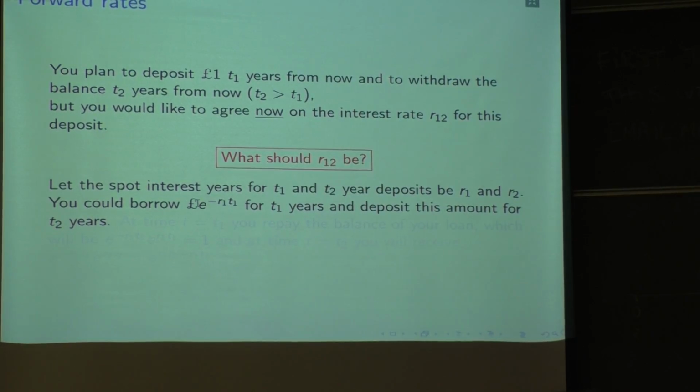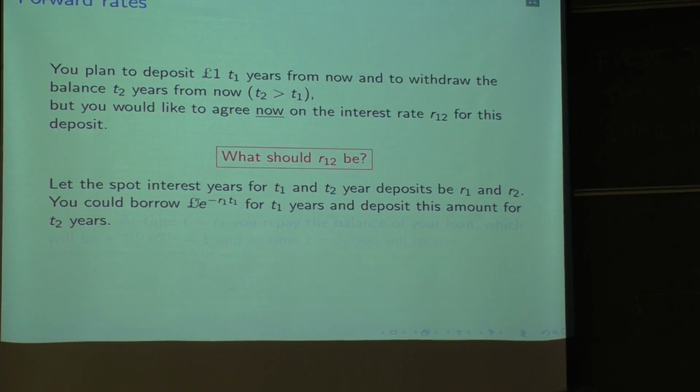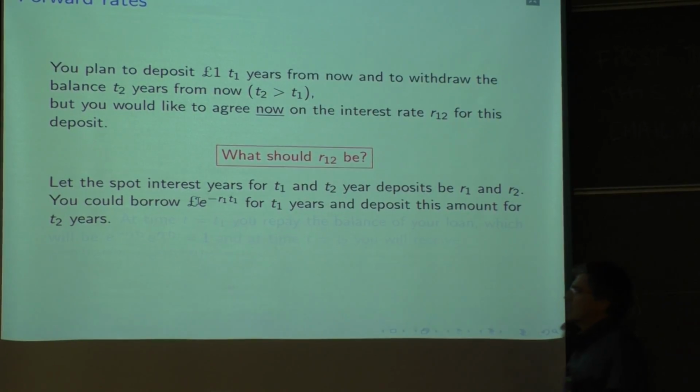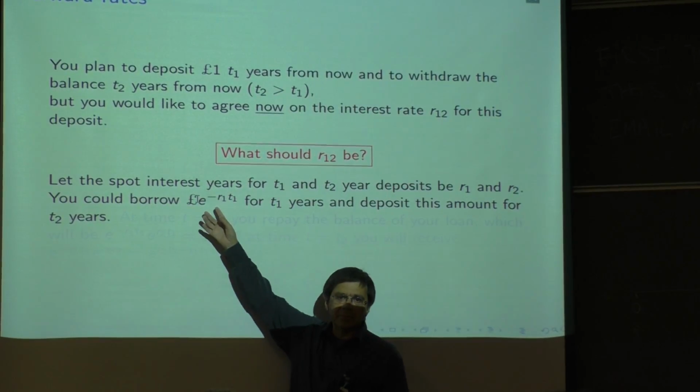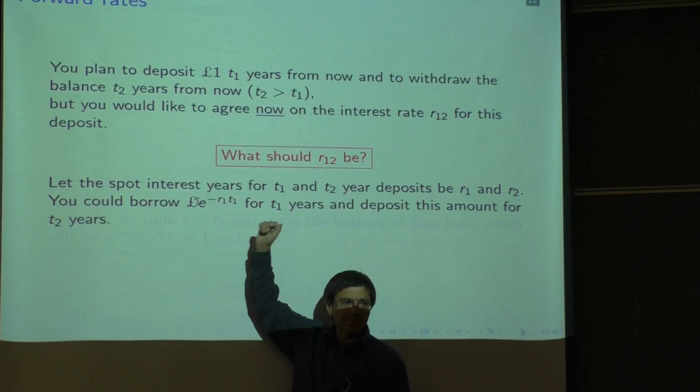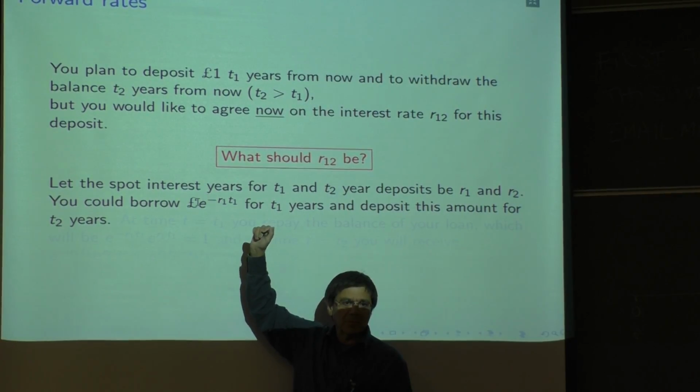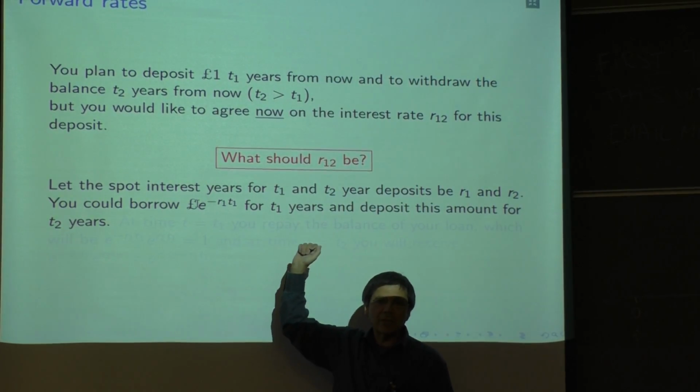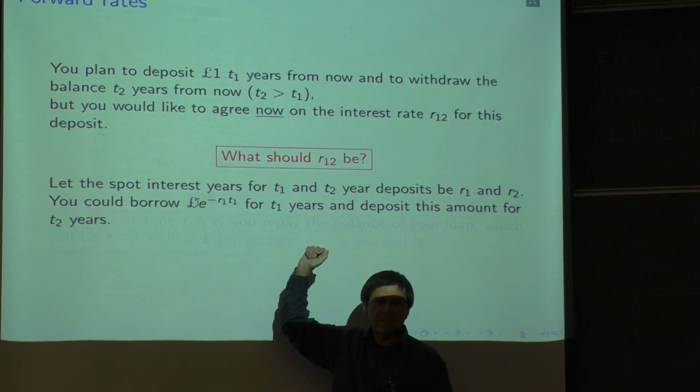After T1 years, I have to repay my loan. How much money do I have to repay at time T1? I started by borrowing this much for T1 years at an interest rate of R1.